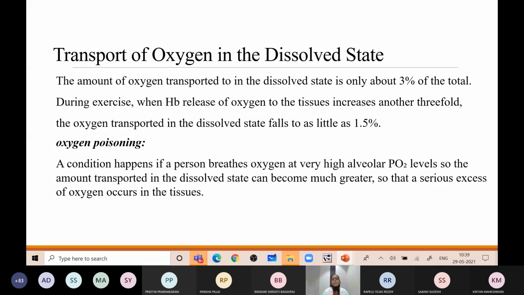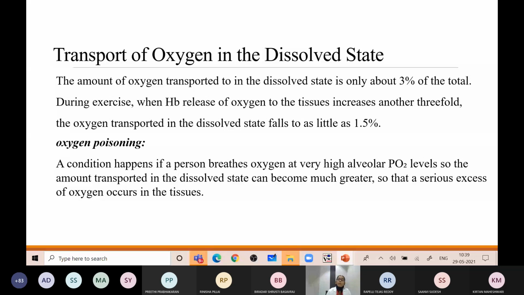Now coming on to the transport of oxygen in the dissolved state. As I told you, the amount of oxygen transported in the dissolved state is only about 2 to 3% of the total. But during exercise, when hemoglobin releases oxygen to the tissue, it increases another threefold.